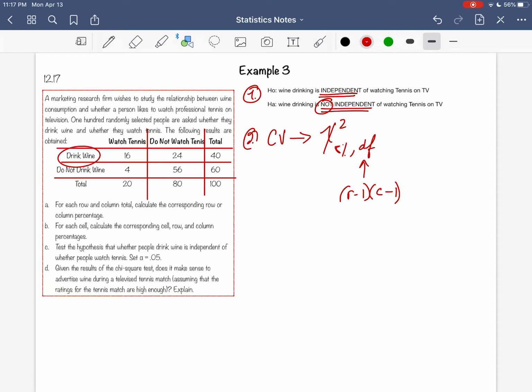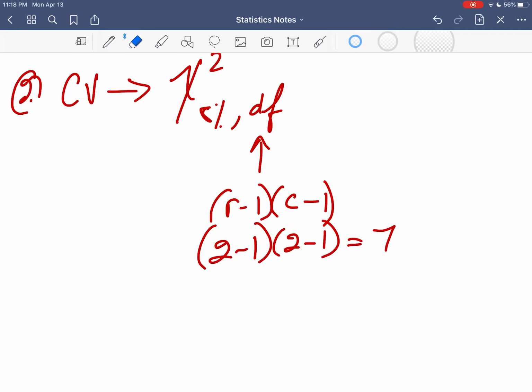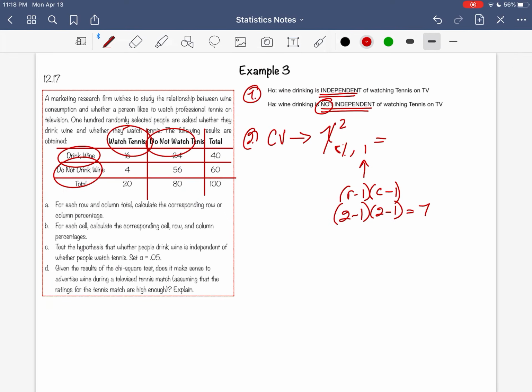So we've got 2 rows, 2 columns. We don't count the total. So for this, it's going to be 2 minus 1 times 2 minus 1, which is equal to 1. Okay, so we're going to have a degree of freedom equal to 1. What is that? We go to the chi-squared table.